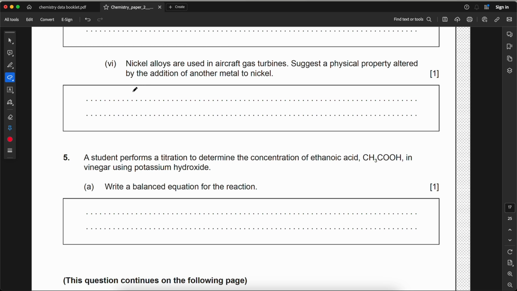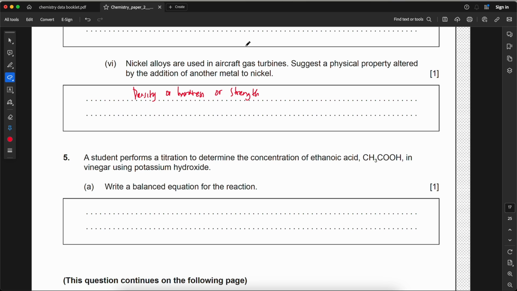It could be density, or hardness, or strength. You know, a metal has a regular arrangement structure where the layers can slide over one another. So this means a metal can be hammered into a shape or drawn into a wire, or is ductile. But once you add another metal into the regular arrangement, the atomic radius or the size of the atoms would be different.